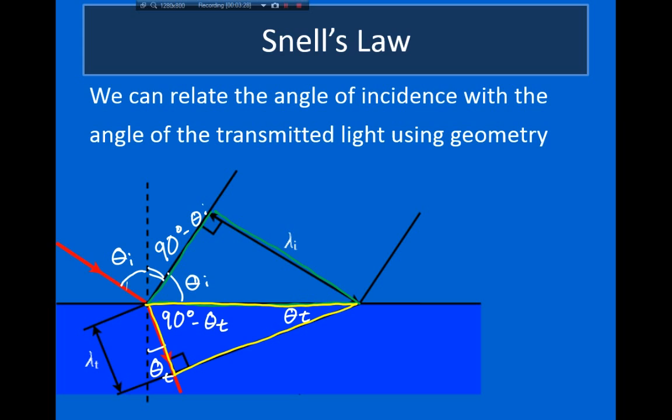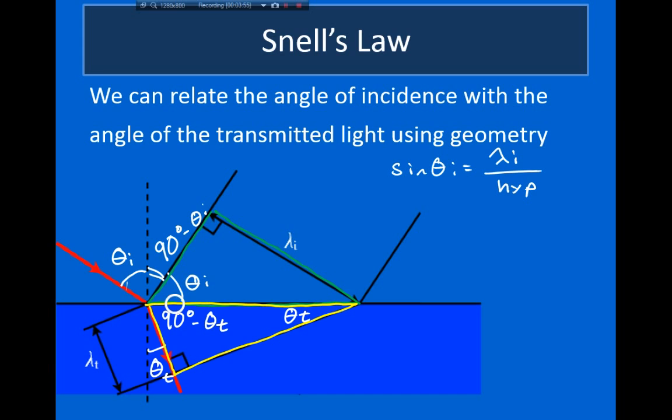Now, because I know a way to relate the wavelength of light in air and the wavelength of light inside the material, and because the hypotenuses of these two triangles are the same, I want to come up with some trigonometric function that's going to relate this side, my wavelength, to this hypotenuse. So if I look at this, the wavelength is opposite the angle theta, so sine of the incident angle is going to be equal to the initial wavelength divided by this hypotenuse.